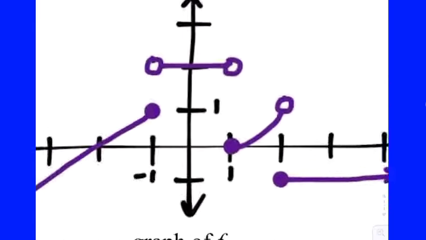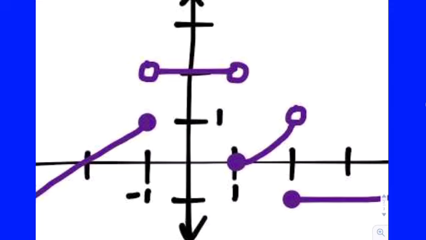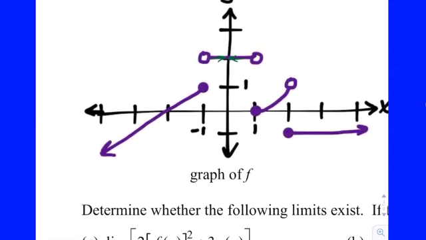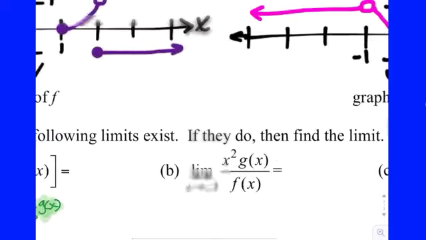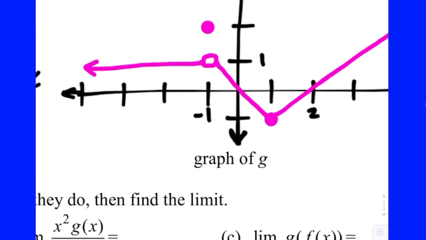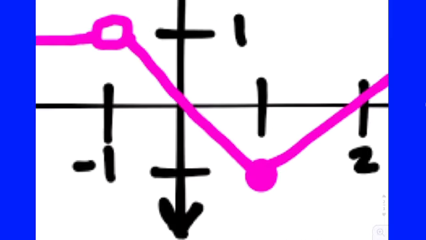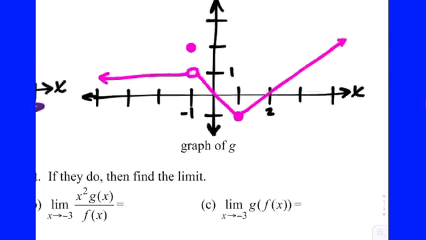The general limit at 0 would be what? 2. Yeah, we're approaching from the left, we're approaching from the right. It appears to be continuous, but regardless of that, the y values are appearing to approach 2. So it becomes 2 times 2 squared. Plus 3, and then the limit as x goes to 0 of g. We move over to this graph, and it appears that the limit at 0 is 0, right?